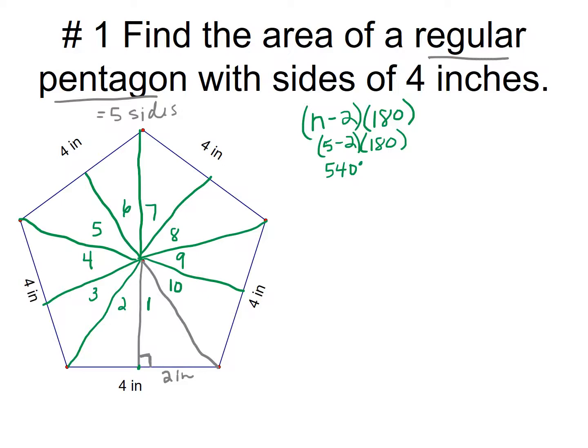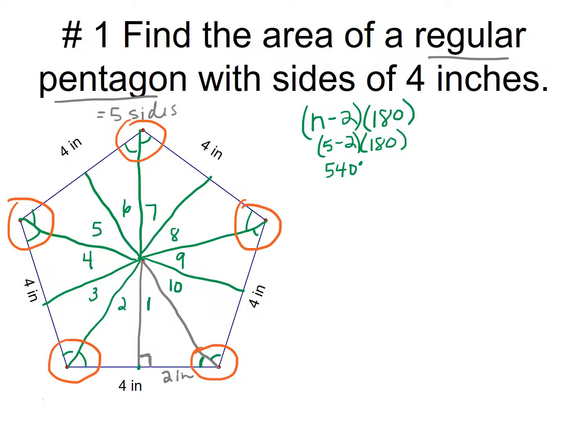Well, if we see this angle right here is going to occur 1, 2, 3, 4, 5, 6, 7, 8, 9, 10 times. And I know that all of these, I'm going to circle them in orange because it's getting a little crowded, all of these angles on the inside of my pentagon have to be the same.